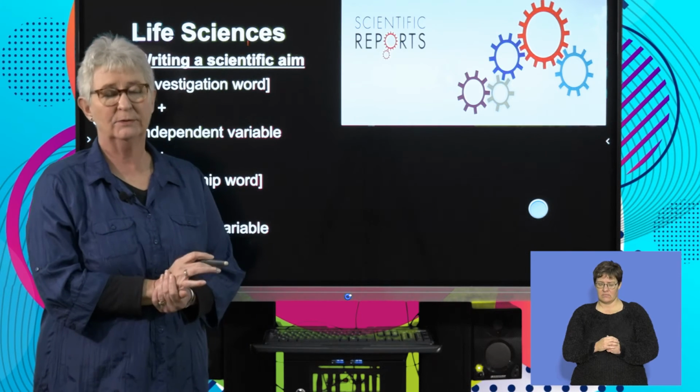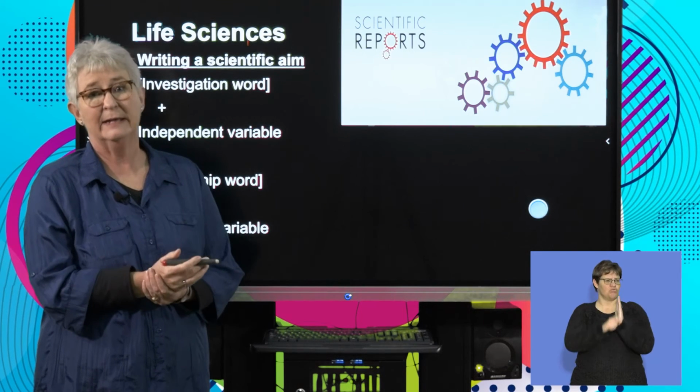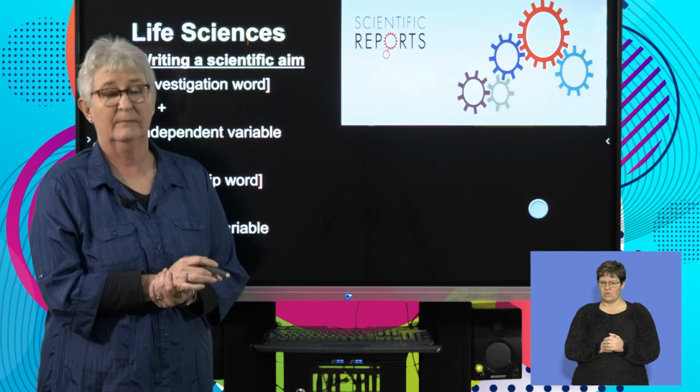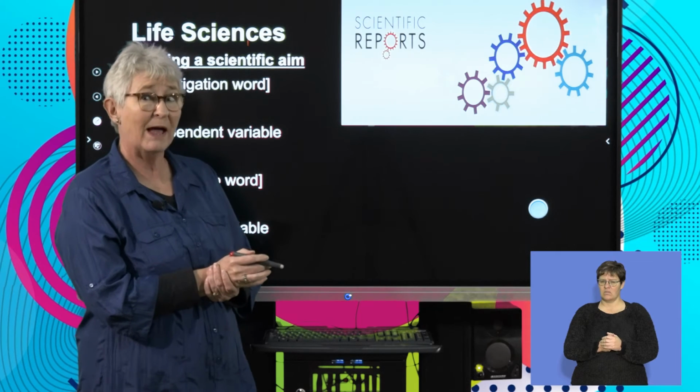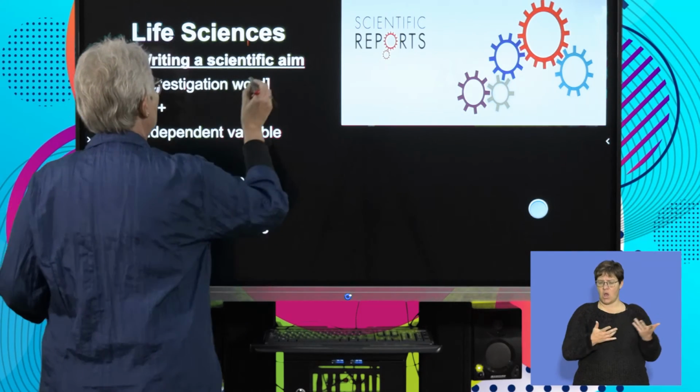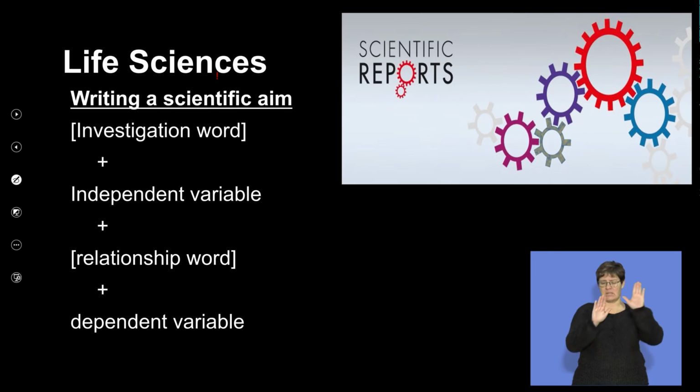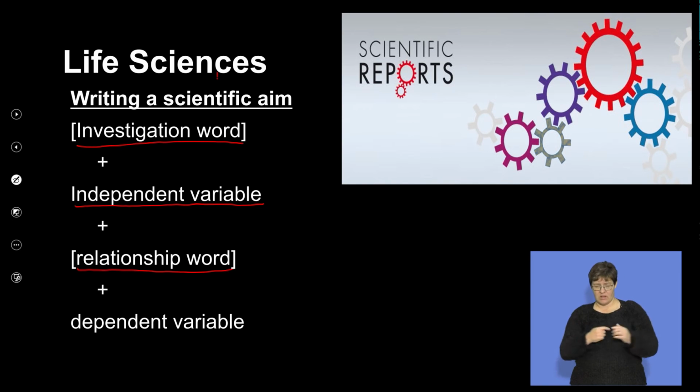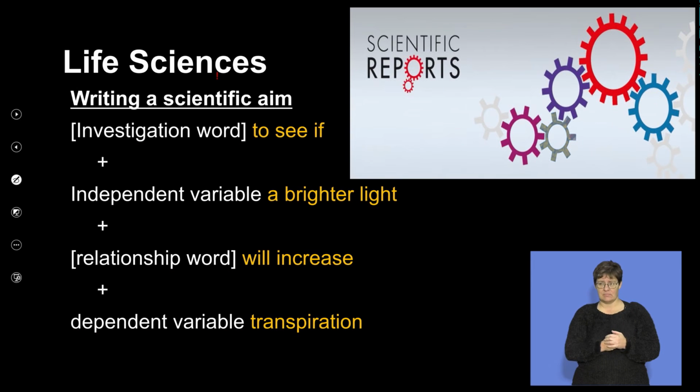Now, how do scientists write a scientific aim? Okay, there's a set pattern for how they write. For example, there is an investigation word. They then refer to the independent variable and relationship word, how it's going to affect what they are measuring. So let's look at that in terms of the experiment that the boys did.